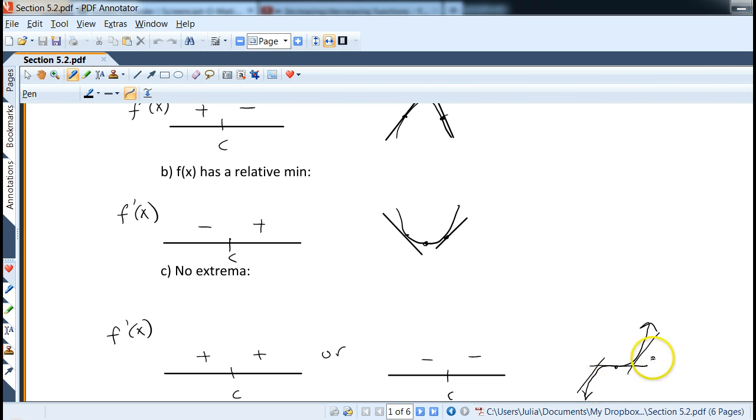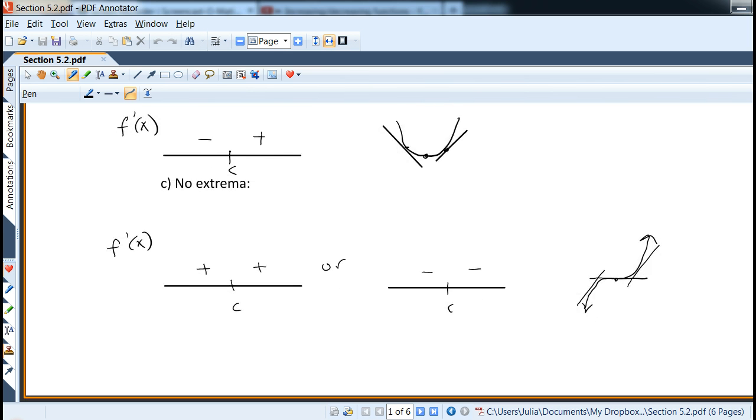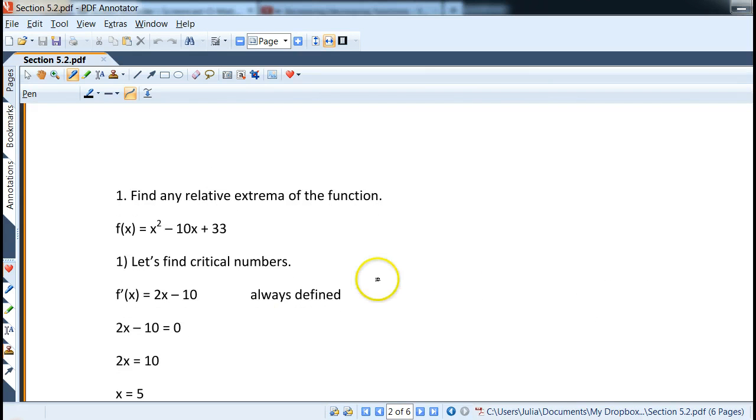So it doesn't really change sign, but it hits a plateau point or an inflection point. So we don't have an extreme in that case. Now we can find any relative extreme of any function without even graphing it. This is how cool derivatives are. That's kind of interesting.